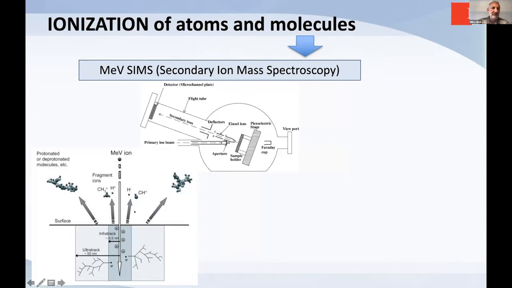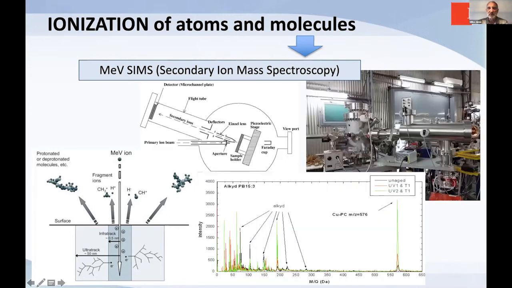And by applying an extraction voltage that can accelerate these emitted ions, we could analyze their masses. This is done by measuring the time of flight from the impact of the ion to the detection. And this is one of these spectrometers. We have two of them at one of the beamlines with capillary focusing.